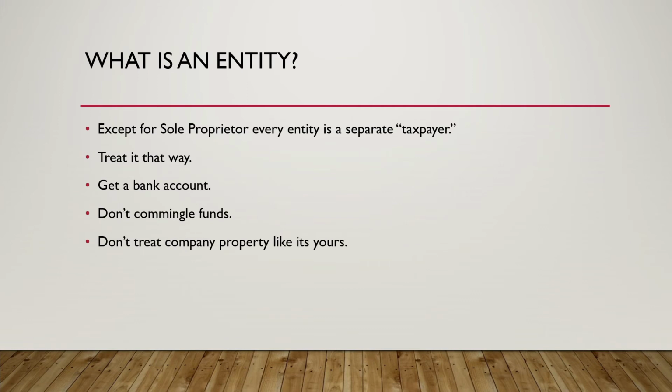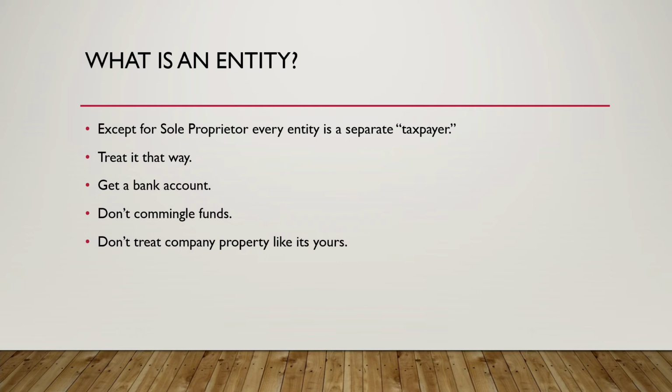So just kind of a more fundamental question, what is an entity? Well, anything except a sole proprietorship, an entity is a separate taxpayer than you. It's totally separate, and it needs to be treated that way. It needs to have its own bank account. It needs to have its own records. You ought not to commingle funds.